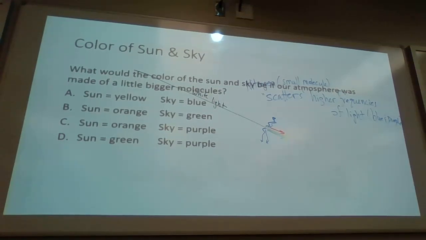Correct answer is B. So green's going to get scattered, and what's left over would be yellow, orange, and red. So it's going to look more orangish.